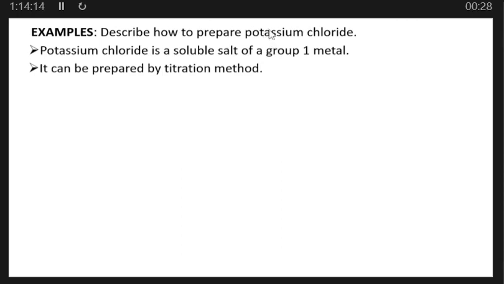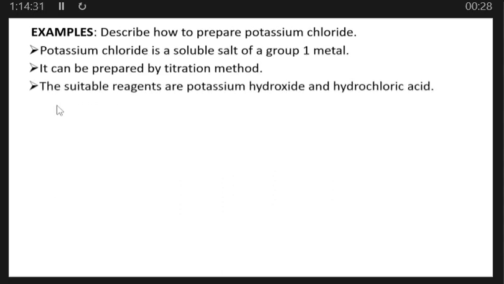So which base must provide the potassium? Potassium hydroxide. Then which acid must provide the chloride? Hydrochloric acid. So those are the suitable reagents. So we are saying the suitable reagents are potassium hydroxide and hydrochloric acid. Now procedure. How will this method be carried out in order to provide the potassium chloride? So here we are going to say procedure.